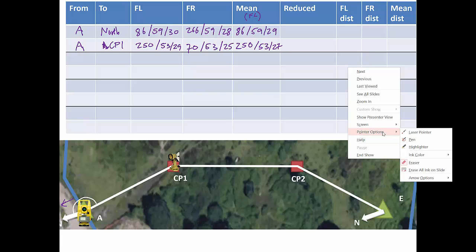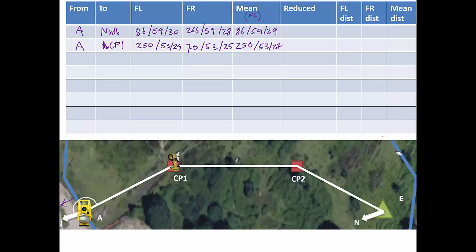Now for the reduced angle, the first measurement made from any total station point will always be 0, 0, 0. We can then get this reduced angle for A to CP1 by subtracting the mean angle read to that first point. So the reduced angle here is going to be 250°53'27" minus the mean angle from A to north, which was 86°59'29".